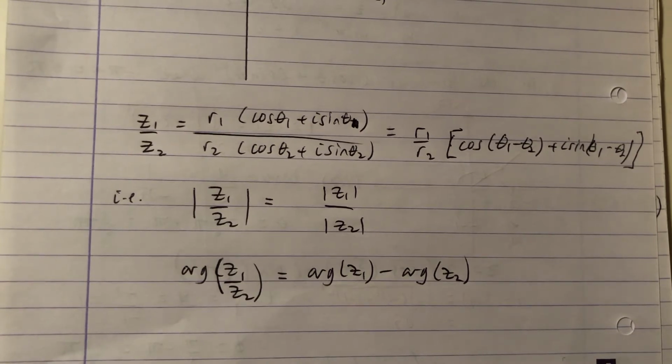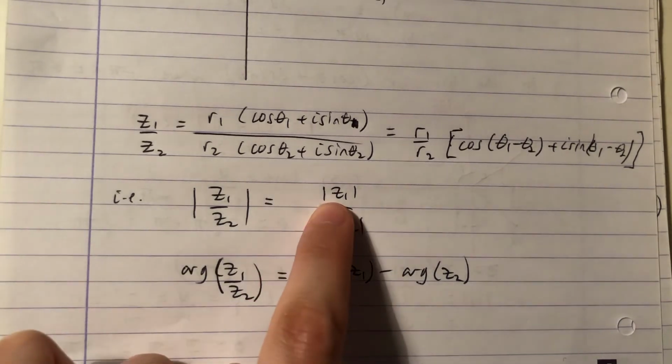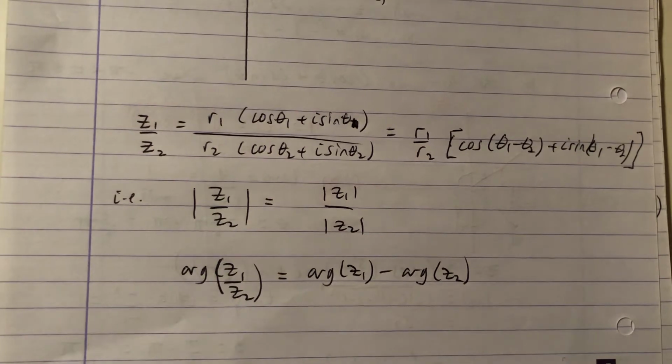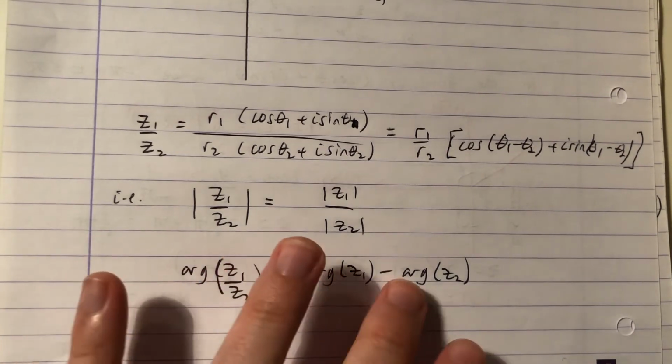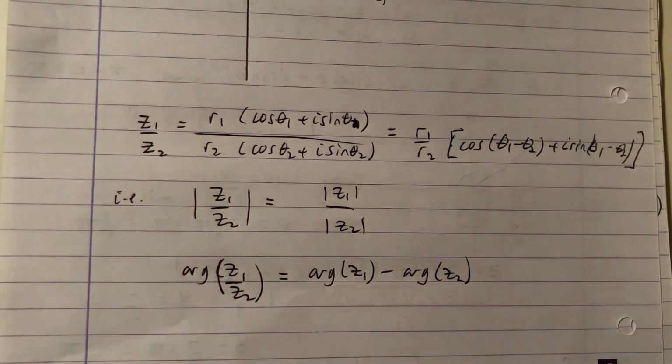And if you want to interpret this geometrically, then for z1 over z2, the modulus is the opposite of an enlargement, or you can enlarge by a fractional scale factor, and arg z1 take away arg z2 would be rotating in the opposite direction.